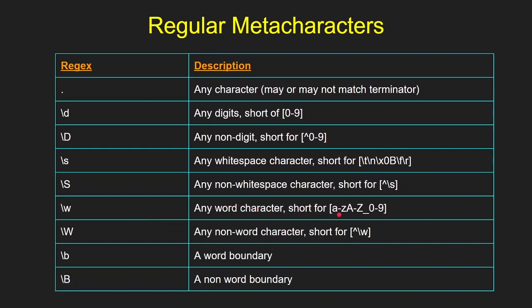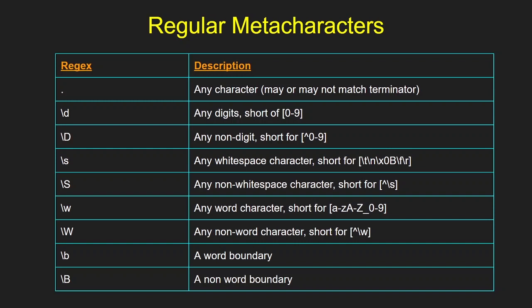We have already seen. It is a to z, underscore and 0 to 9. So we have seen a to z and capital A to Z, which is just for alphabets. Now we want to write for digits and alphabets together, then we can use slash w. It is a more generalized form.